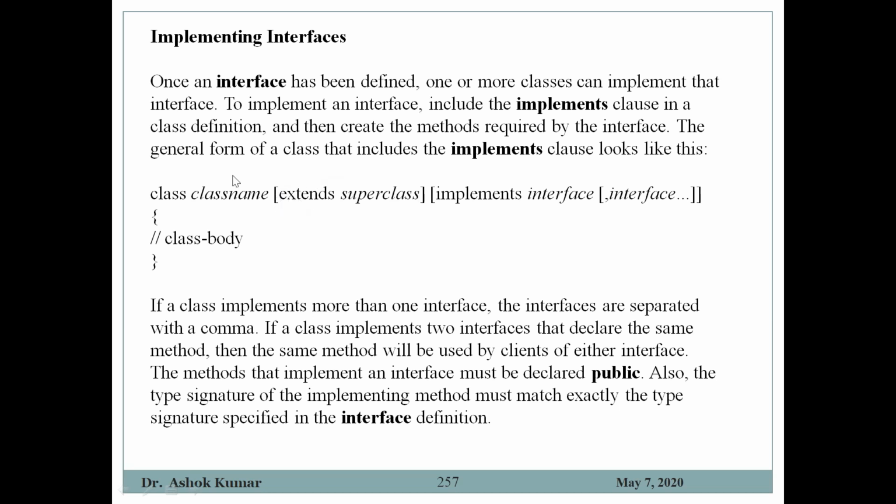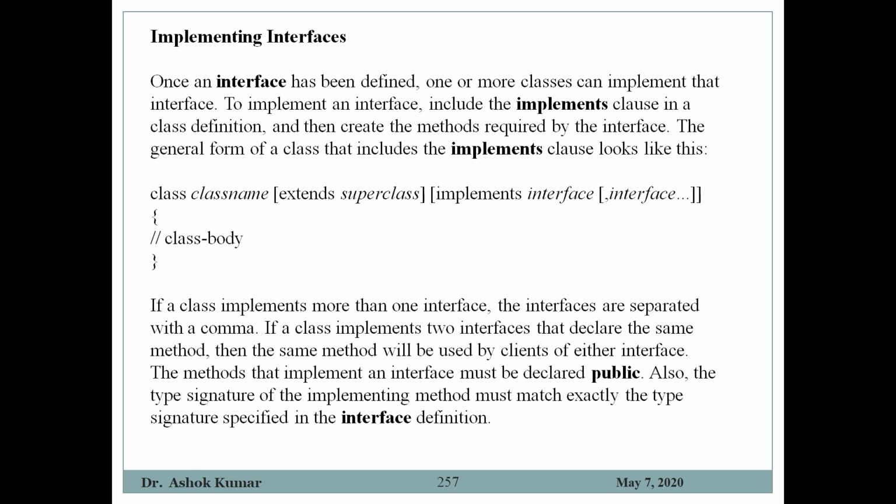And if the class inherits the properties of an interface, then we use the keyword implements. So a class that implements an interface must define all the methods of the interface. Although partial implementation of the interface is also valid, what will happen in that case we will discuss very soon.